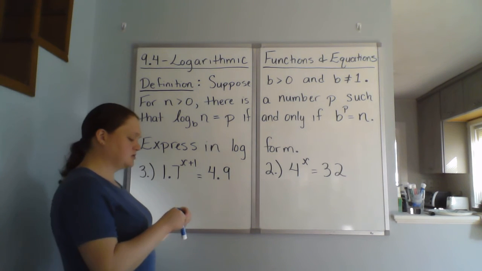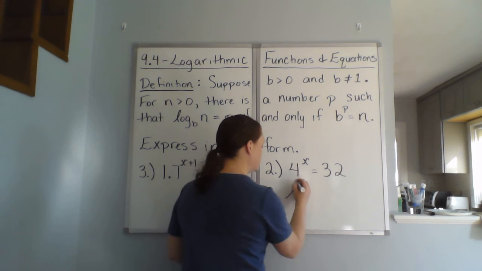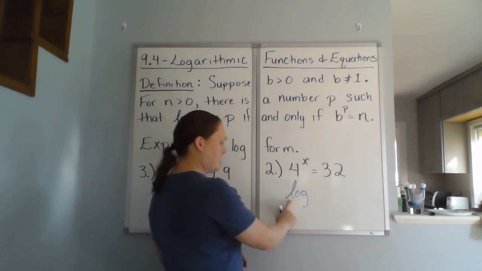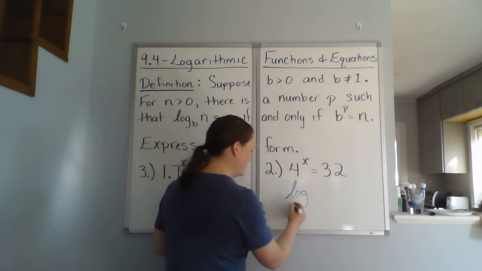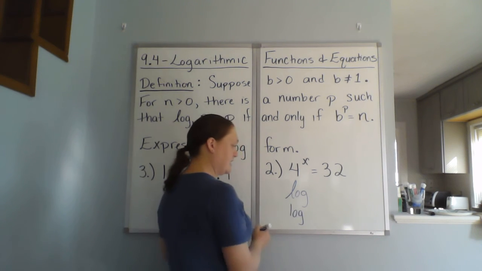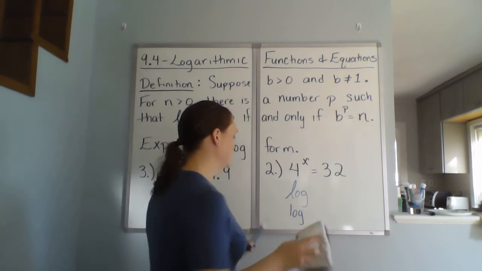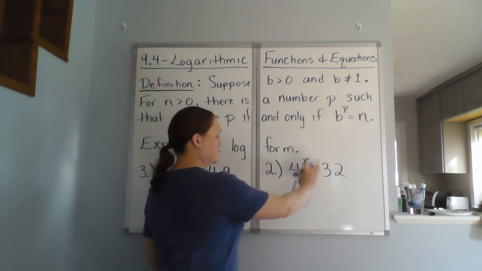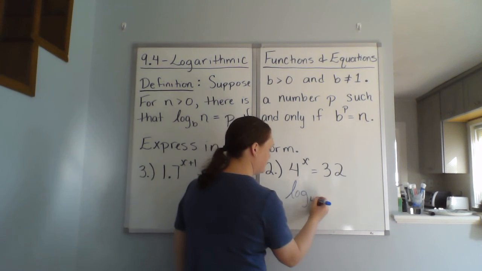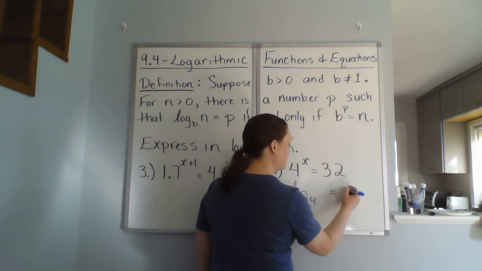Okay, here's what that should look like. For problem number 2, we're going to start with log, L-O-G. You're going to see me write my logs with a cursive L, just so I know it's an L and not a 1. If you prefer to write log like this, that's fine, but you're always going to see me write it this way. The base in this exponential is a 4, so this is log base 4. I'm trying to isolate the exponent, so the exponent goes by itself at the end.